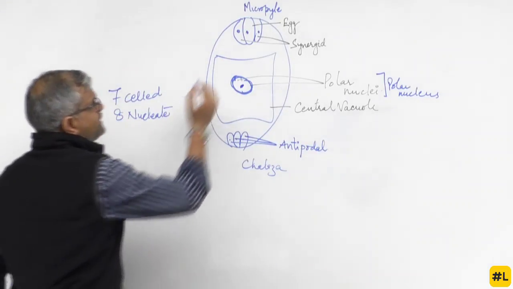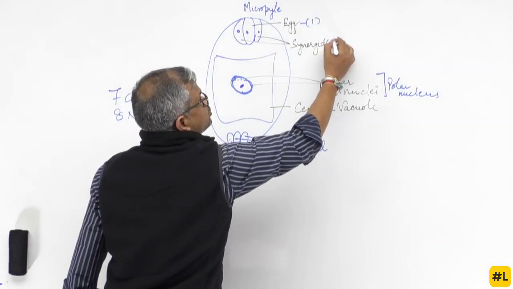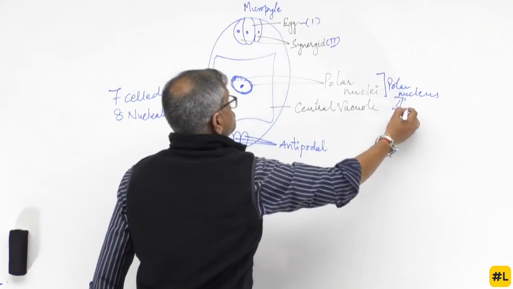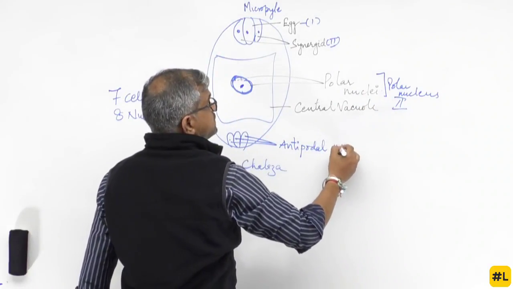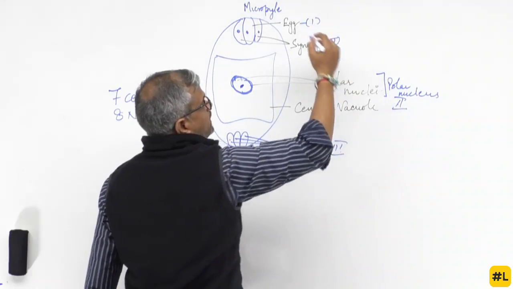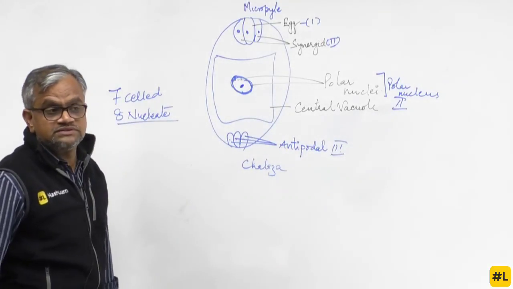Why 8-nucleate? Egg 1, synergids 2, polar nuclei 2, antipodals 3: 3 plus 2 plus 2 plus 1 makes 8 nucleate. How many cells?